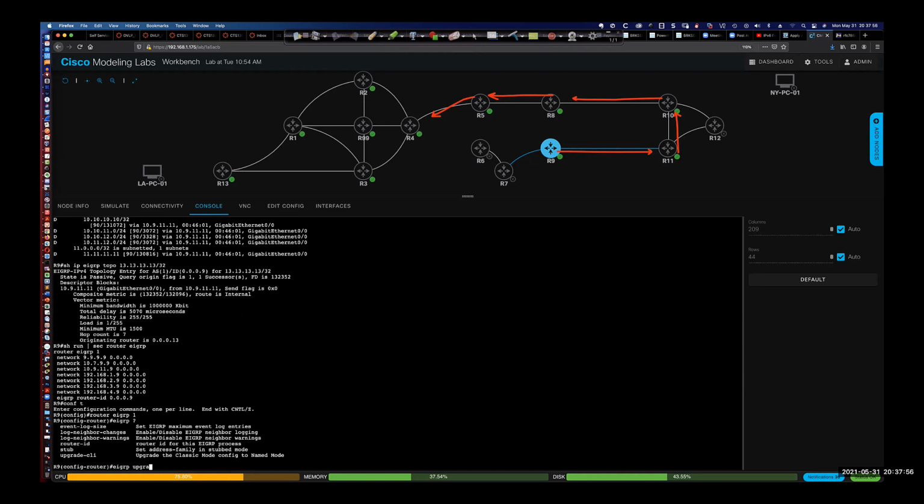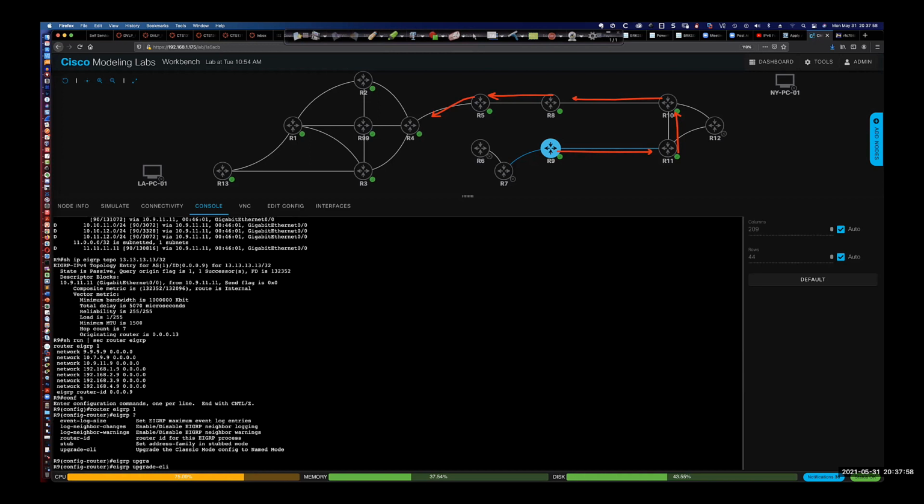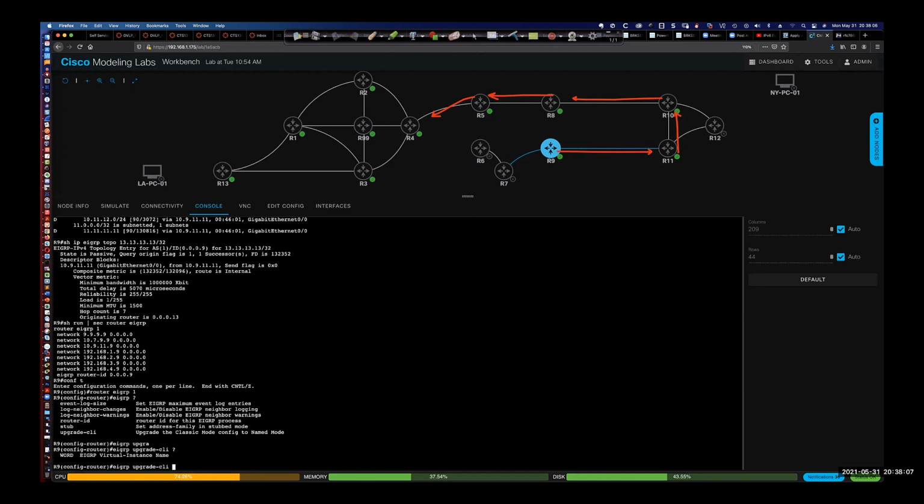Now, after I say upgrade-cli, I have to put a word in, or more specifically, a name. Because this is why it's referred to as named mode, because we can give it a name. But the major difference is not the fact that we give it a name, although that is a big difference.